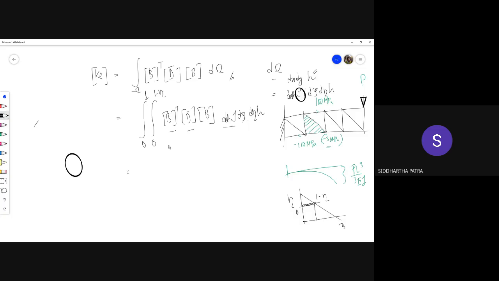So if I write this as B transpose D bar B, times det J, times h, then the integral from 0 to 1, 0 to 1 minus eta, d xi d eta. If you do this integration, that basically gives you the area of the triangle in the natural coordinates. So you'll see this is going to give you a value of half.